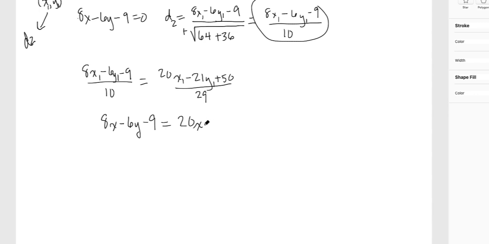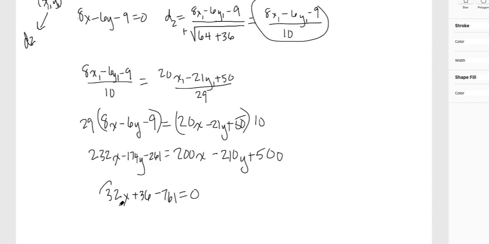So notice the sub 1s drop off, and now it would be convenient for me to multiply this whole side by 29 and multiply this whole side by 10. I will spare you the boredom of watching me do distributive property, and I'll just show you what the answer is.